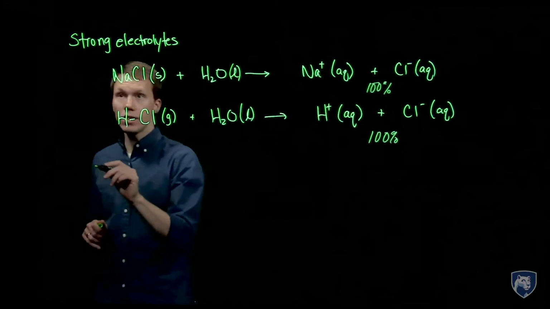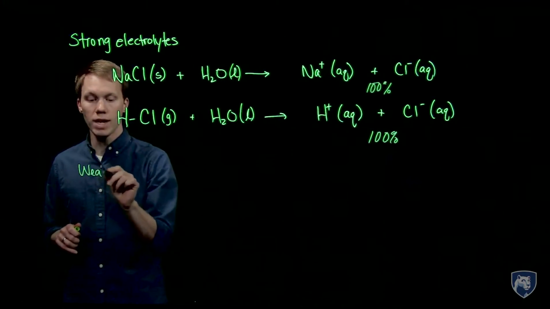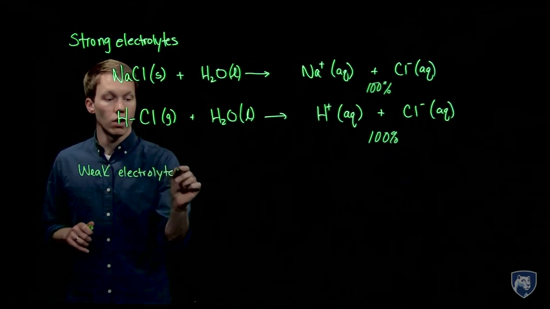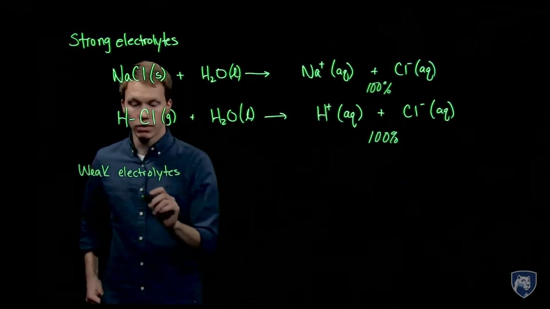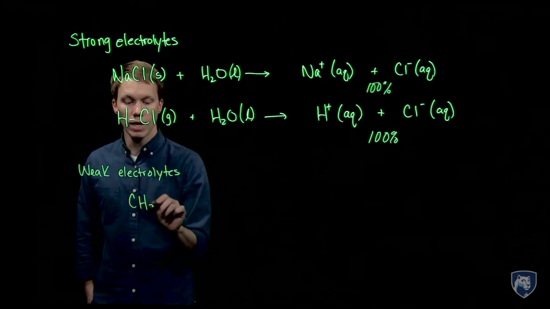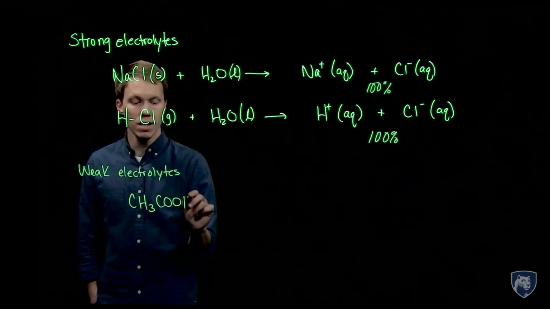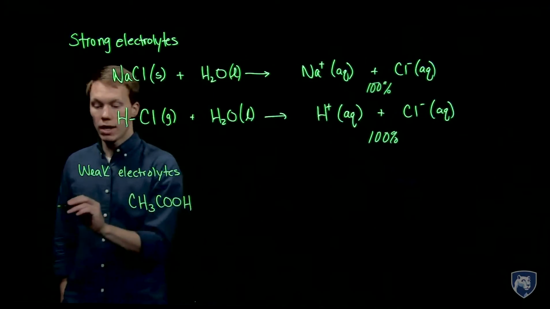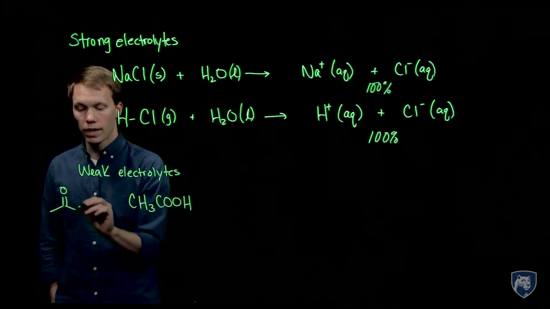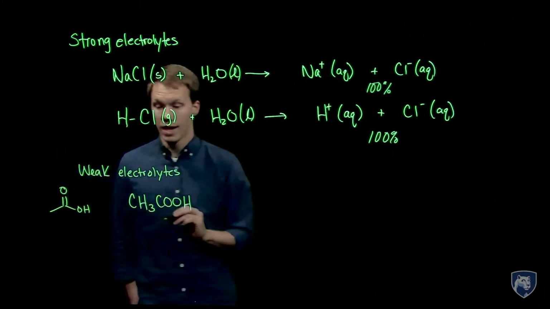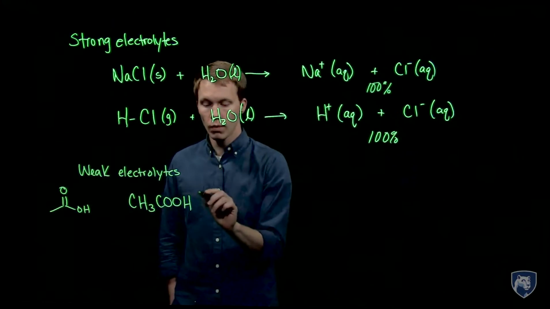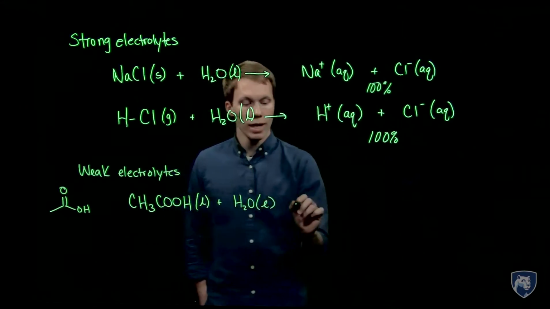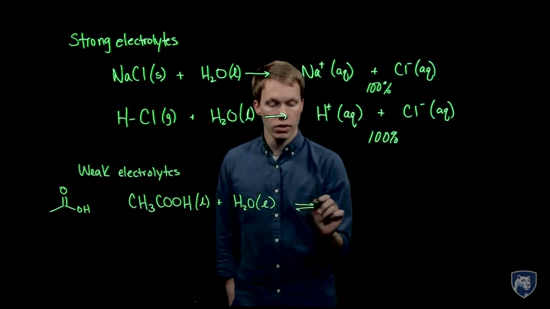Now, the other type of electrolytes, weak electrolytes, only dissociate partially. So an example of a weak electrolyte is a weak acid. This is acetic acid, CH3COOH, having a structural formula as that. When this is mixed with water, we get partial dissociation.